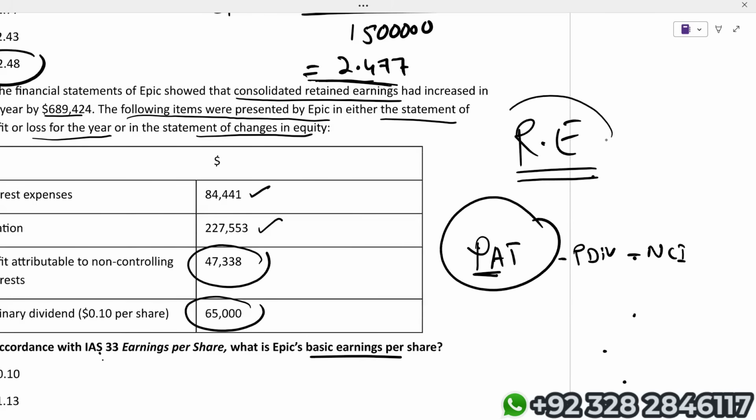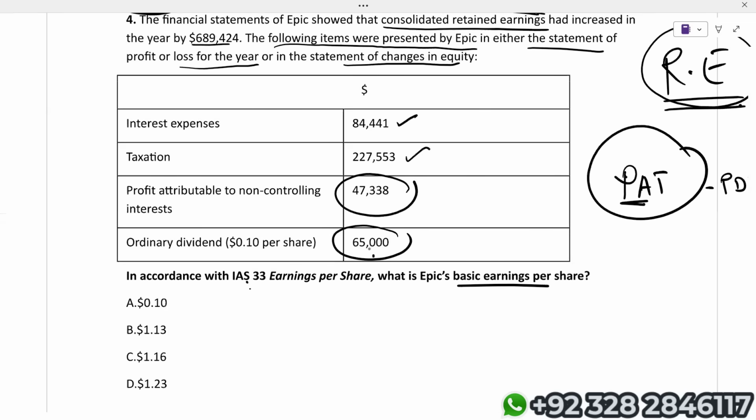But within that group retained earning, which has increased during the year, we will only add back ordinary dividend. Because while calculating EPS, we do not deduct ordinary dividend. And the amount of ordinary dividend is 65,000. So we'll add this 65,000 to the retained earning. And kindly, we need the increase in the retained earning of the current year. They have not given us the total retained earning of the previous year and the current.